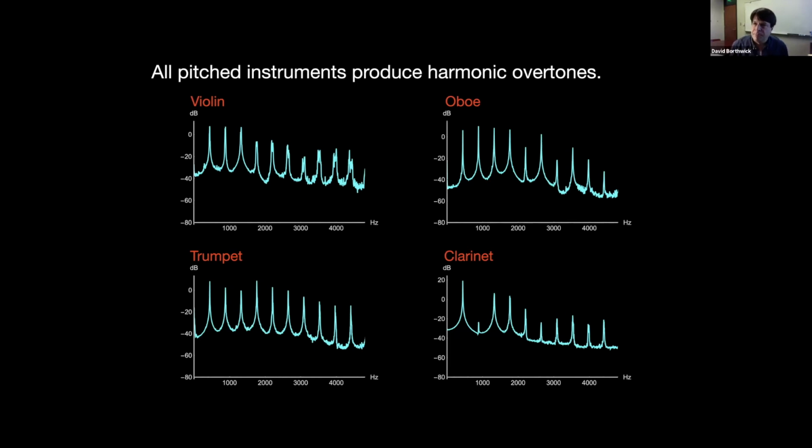But the different overtones have different intensities, and that's why an oboe and a clarinet don't sound the same. But they both give a very strong note that we pick up on. Another good example of a pitched instrument is the human voice, which also has roughly the same set of overtones as a violin string.